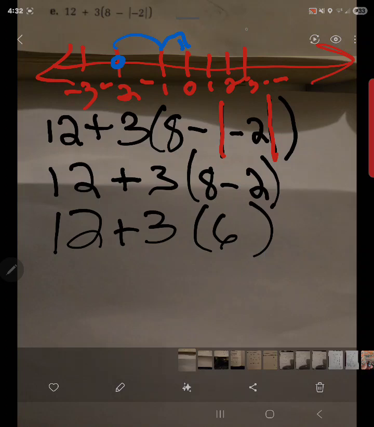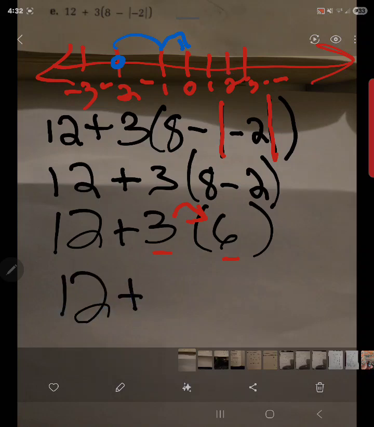Now notice again on this one, just like the one on the last problem, we don't have a sign in between the 3 and the 6. So what does that mean? That means take that 3 and multiply it times that 6, right? That's called distributing that 3 into the parentheses. You'll learn that in Algebra 1. So 12, here we go. We have 12 plus, what's 3 times 6?